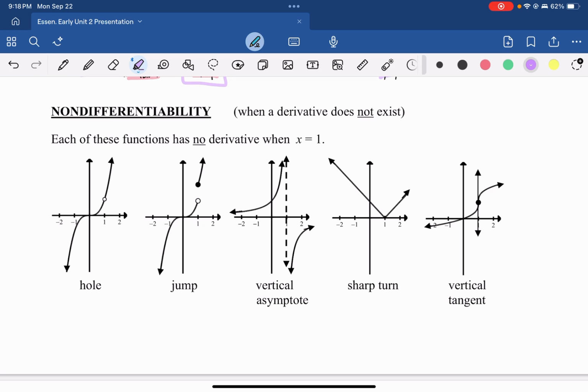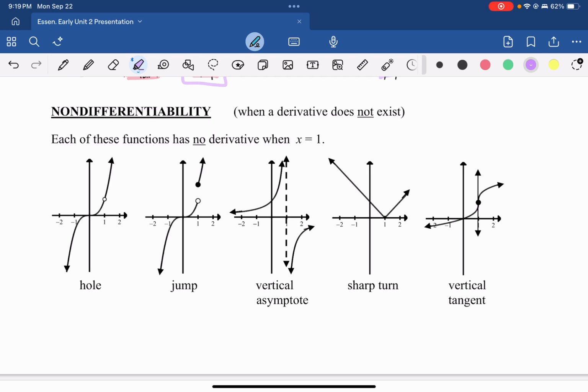Our first 3, the hole, the jump, and the vertical asymptote, are all discontinuities, right? They're not continuous functions. Whereas a sharp turn or a vertical tangent are continuous. They have those limits and it's considered continuous.